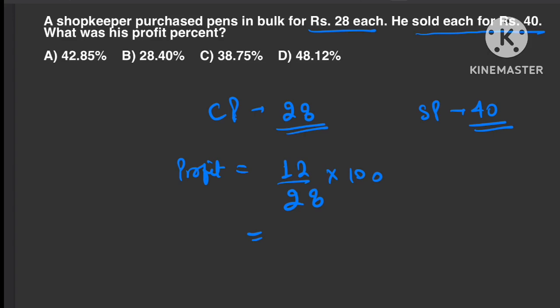So it will be 3 by 7. As we know, again it's 1 by 7, that is 14.28, and if we multiply it by 3, we will get 42.85%. It's given. Option number A will be your answer.